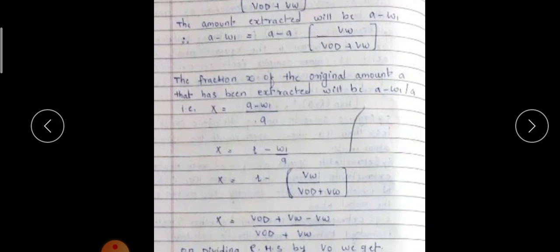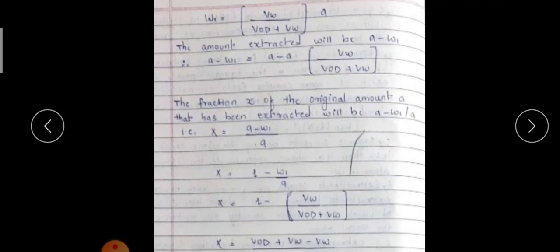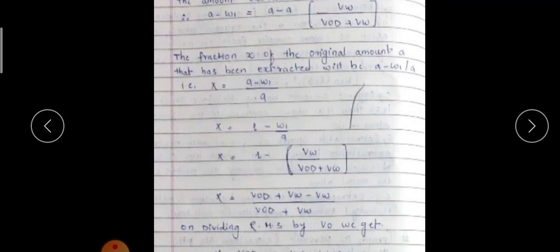The fraction X of the original amount A that has been extracted will be (A minus W1) by A. X is equal to 1 minus W1 upon A. Substituting for W1 upon A, Vw divided by V0D plus Vw. Therefore, X is equal to (V0D plus Vw minus Vw) divided by (V0D plus Vw).